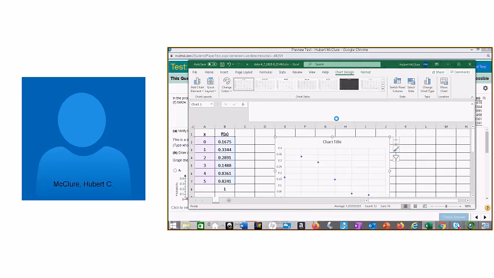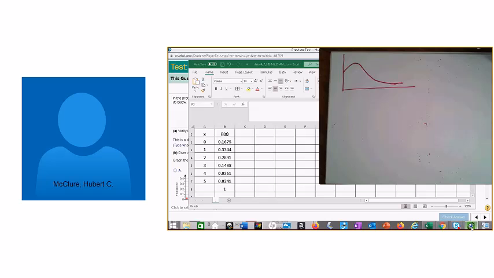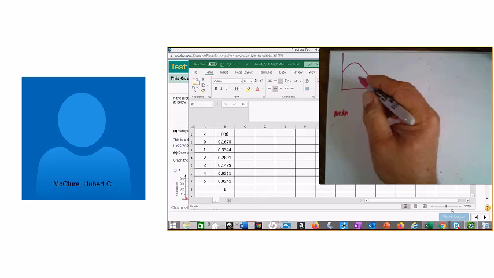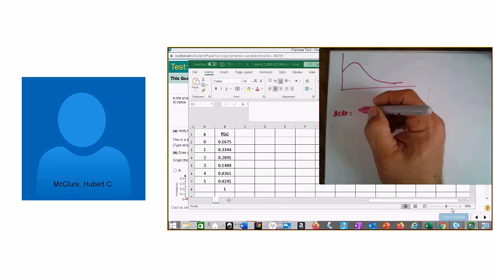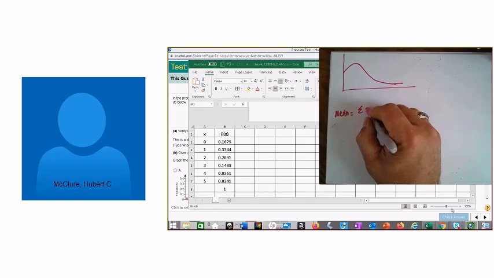Now what else can we do? Well, we can find the mean and the standard deviation. Now remember, let's go back to our handy dandy formulas. What's the mean for a probability distribution? The mean is equal to the summation of what? X times what?